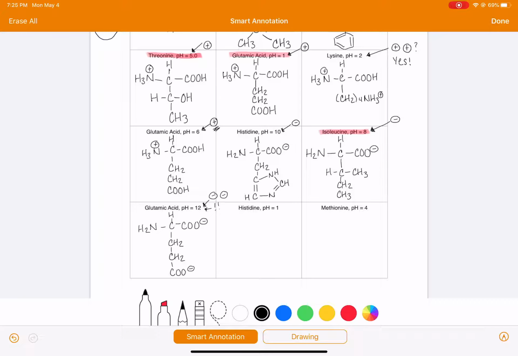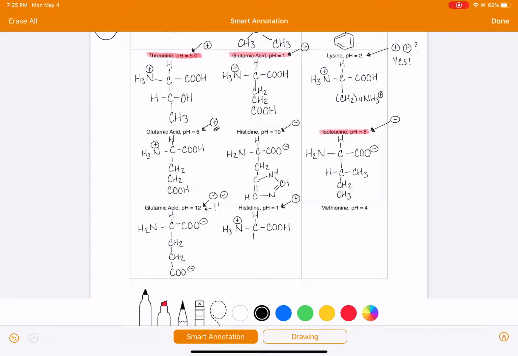Histidine at a pH of 1, that's a low pH, that's acidic, so that's where we're going to see positive charges. So for the amino and the acid, we can have COOH, not COO minus. We can have NH3 plus. And what is the R group for histidine? Oh, that same guy again.